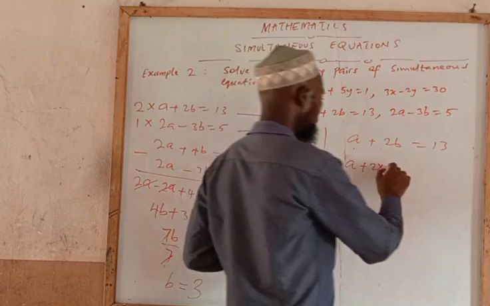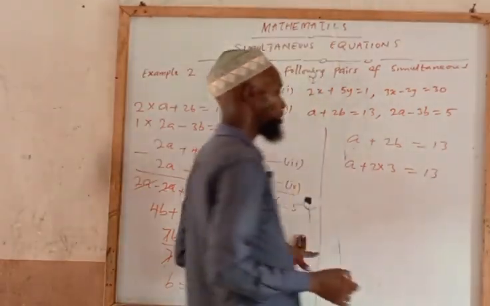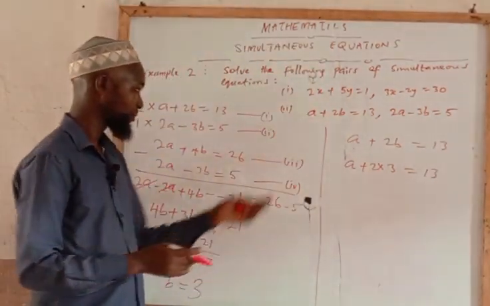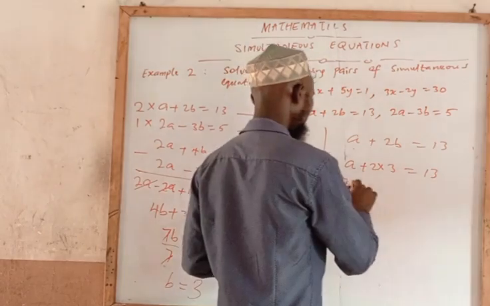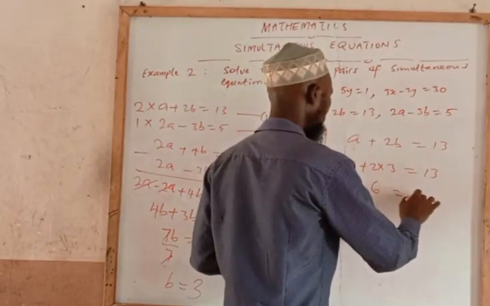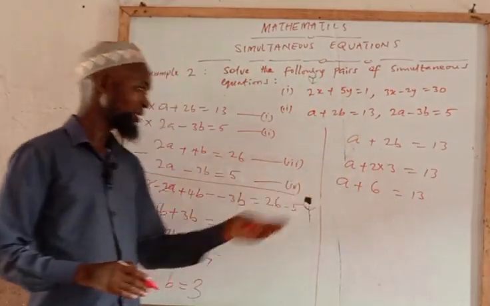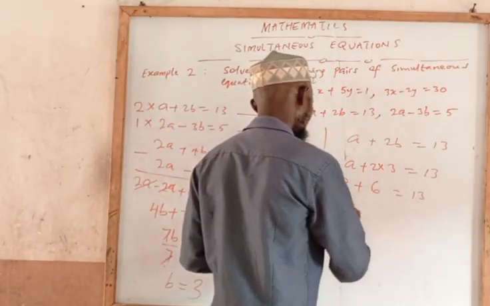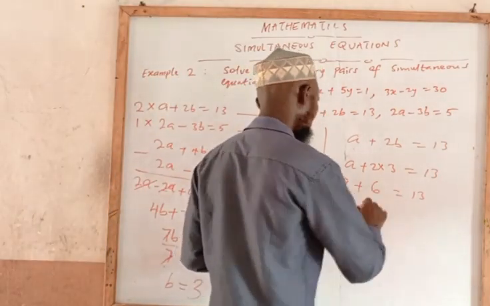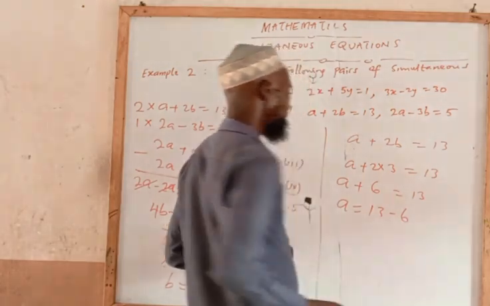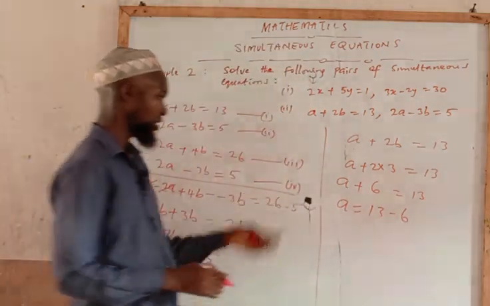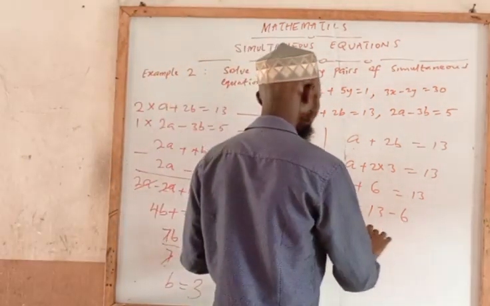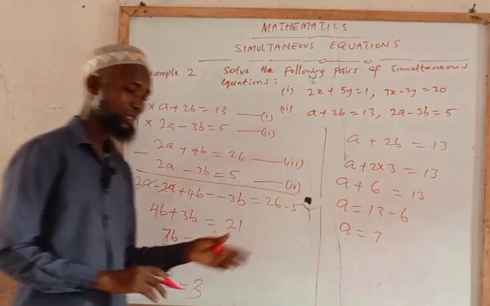So that will be 2 multiplied by 3, is equal to 13. So here I say that a plus 6 is equal to 13. So getting a here, 6 will be sent to the other side of the equation. That is 13 minus 6. And we can see a in this case is equal to 7.